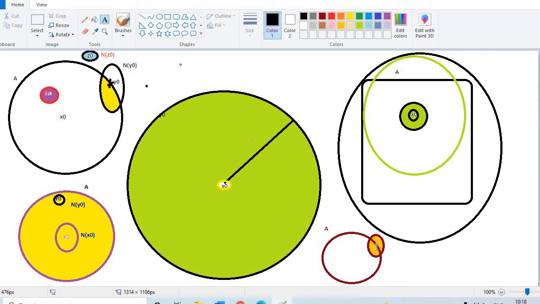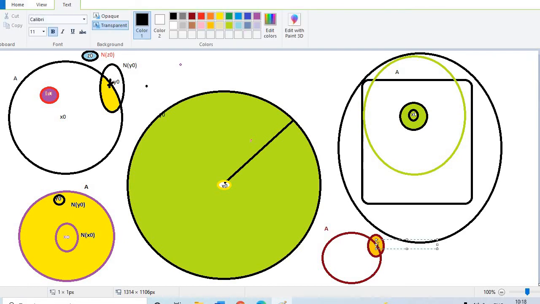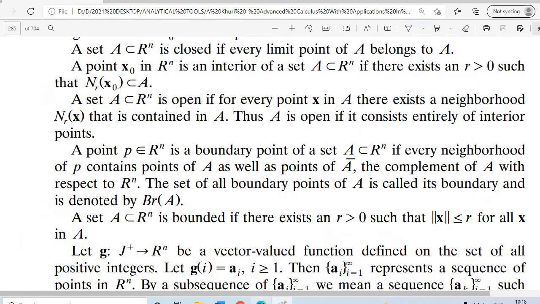That collection is usually denoted as A bar.